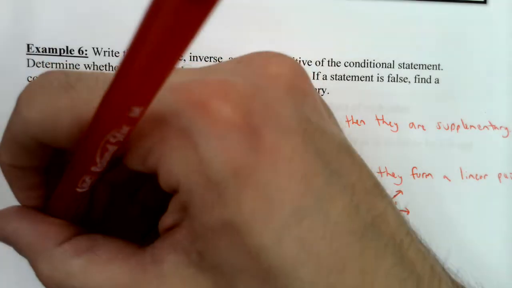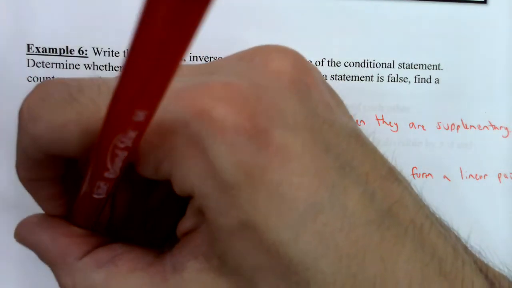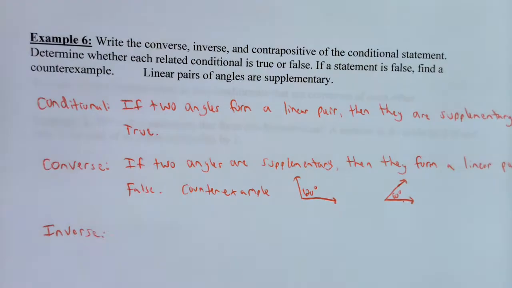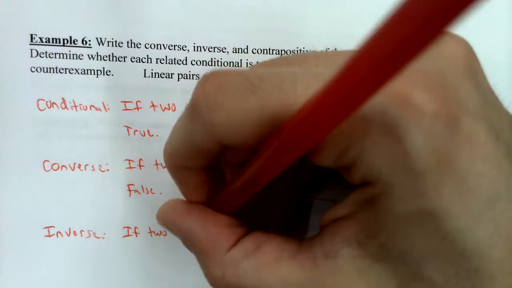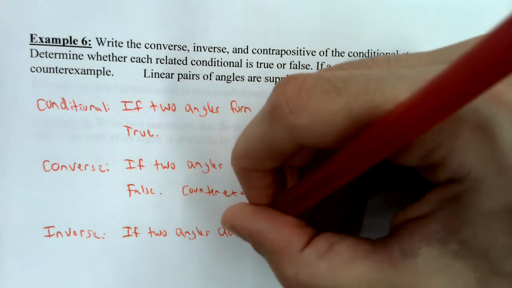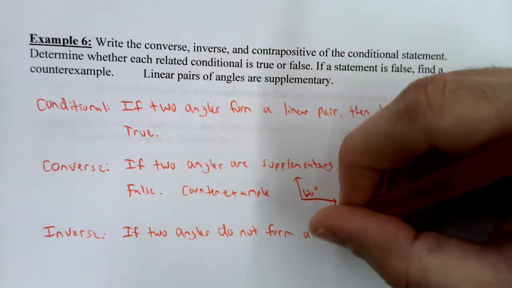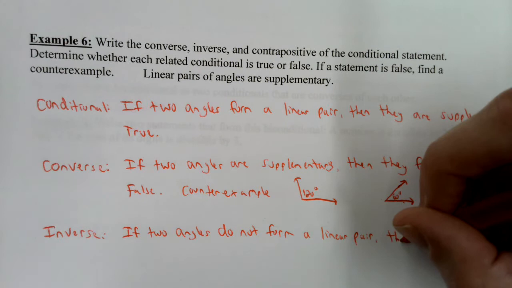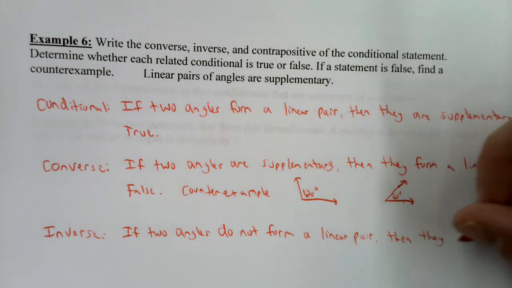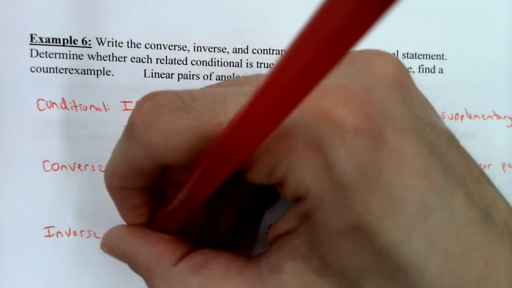Now let's do the inverse. The inverse is when you take the opposite of the hypothesis and the conclusion. So I'm going to say if two angles do not form a linear pair, then they are not supplementary.